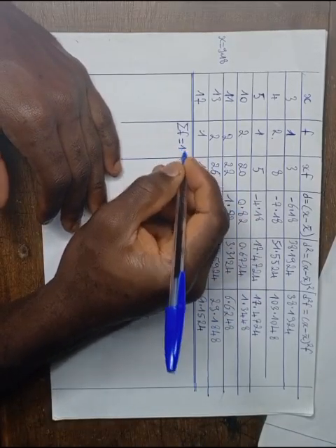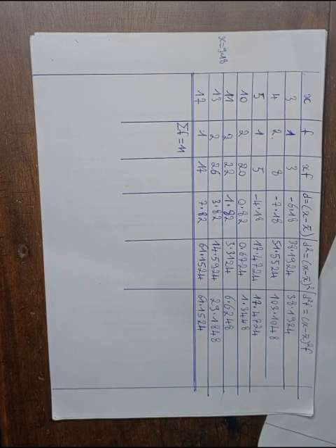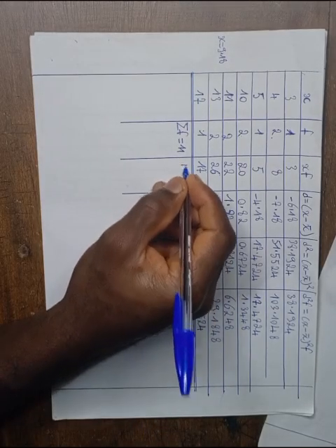It must be equal to the total number of students. Next, we need xf. We need summation xf. Summation xf will give us 3 plus 8 plus 5 plus 20 plus 22 plus 26 plus 17, which is equal to 101.